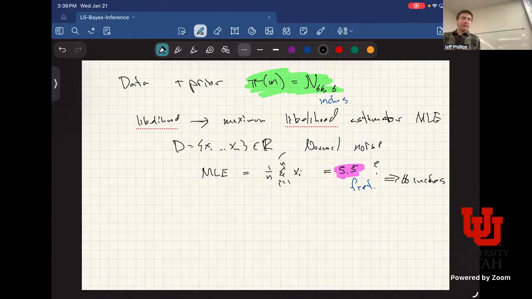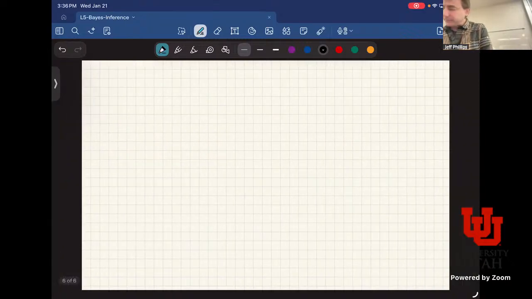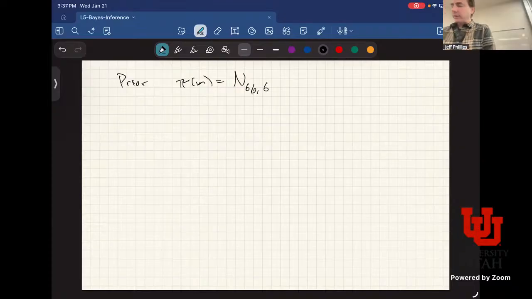Okay, great. Now we want to simulate. We actually did some measurements. So now I have my prior of the model, which is going to be my normal distribution. And now I'm going to observe my data D: x1, x2, ..., xn.